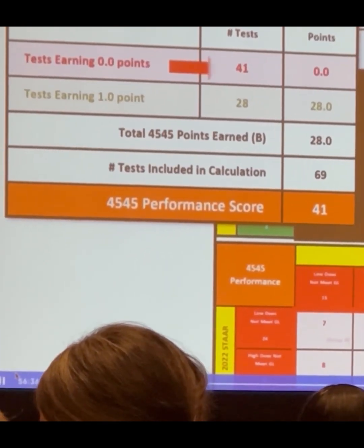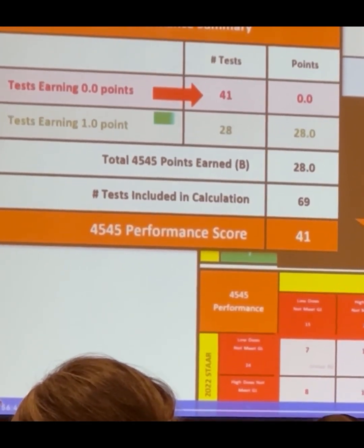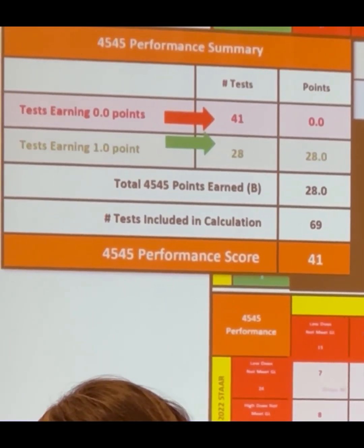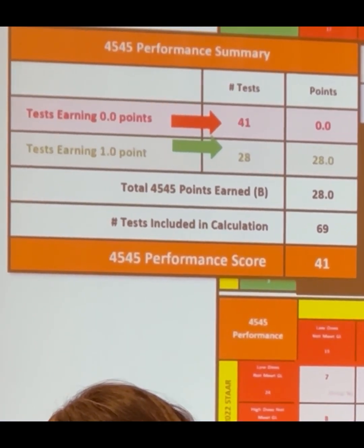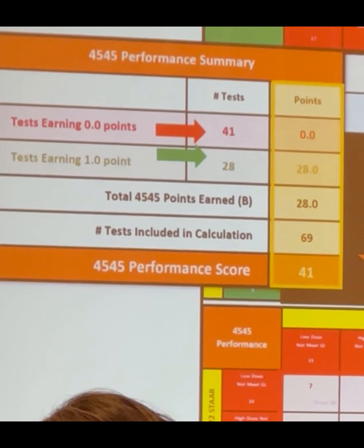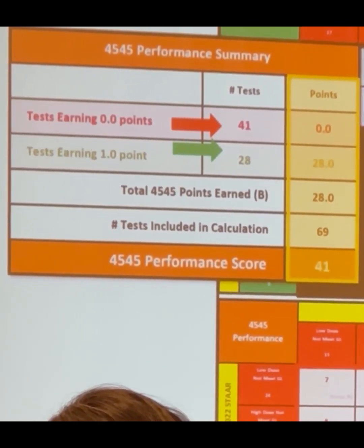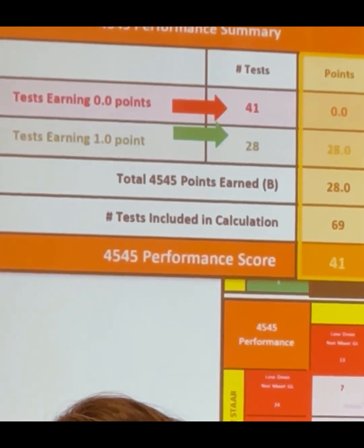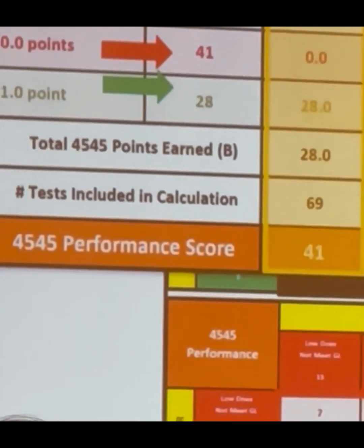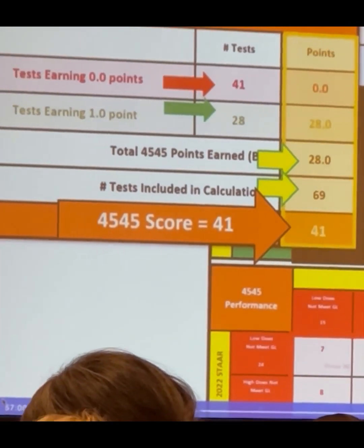And 4545 to me has a slightly different goal than growth, because 4545 is about moving students from failing the test to passing the test. But we get a measure in this transition table model of, for the students who failed the previous year's test, what percent passed this year's test? And that's what that 4545 number tells us.